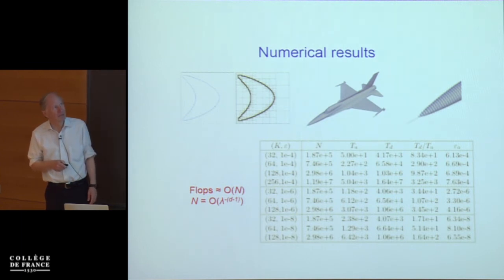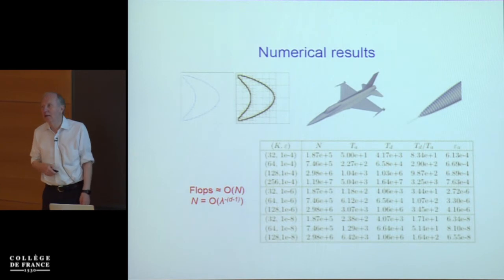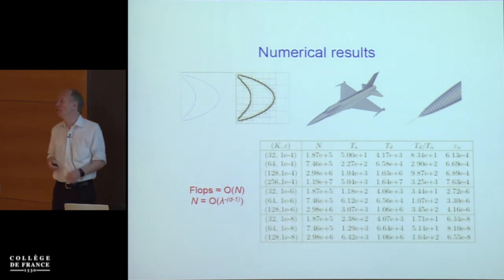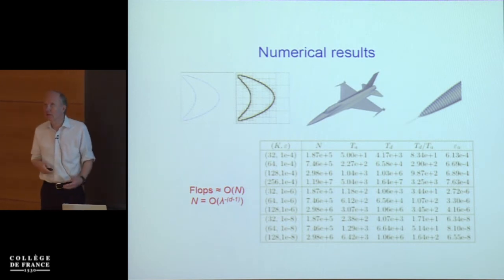And you see, if you go through the numbers over here, that both the time to build this system and the number of iterations with the QMR scale essentially linearly in the number of unknowns. And that, of course, depends on the wavelength along the manifold in this case. So that works pretty well. So that was the integral equation case.